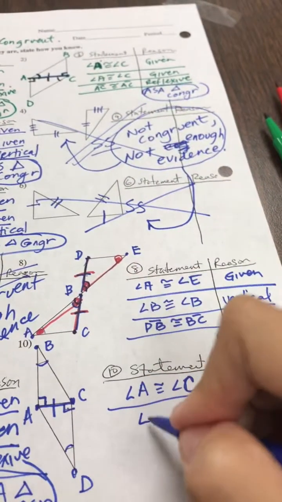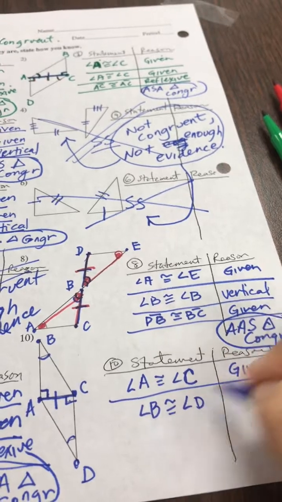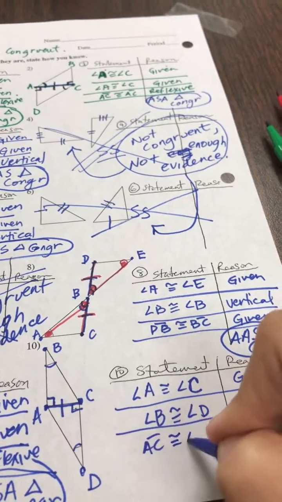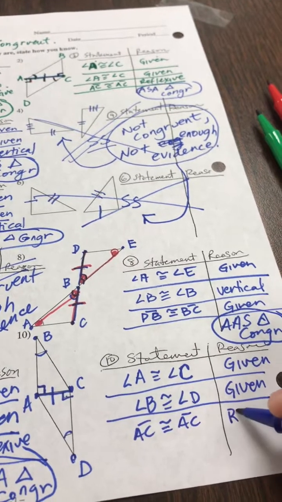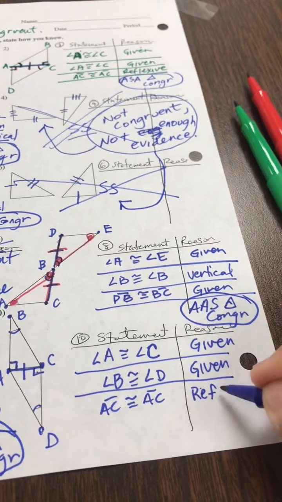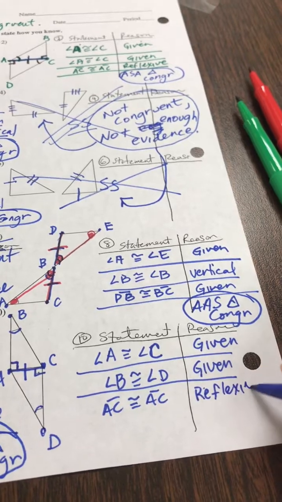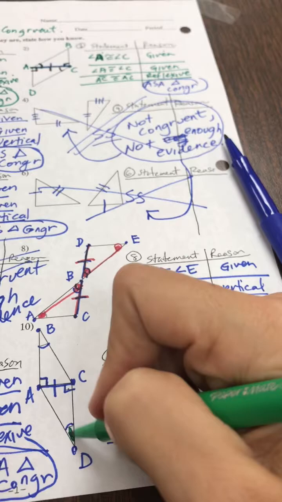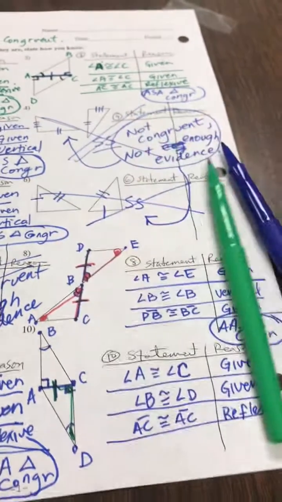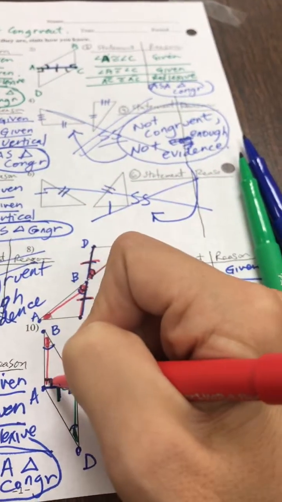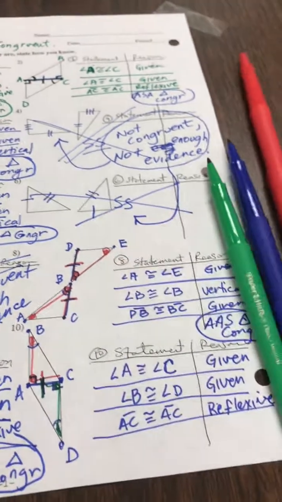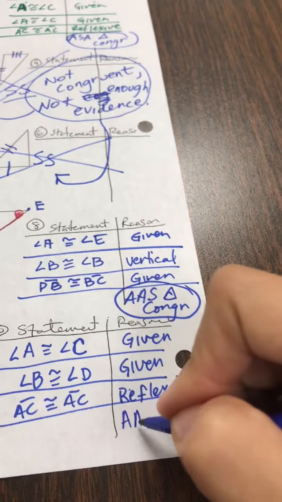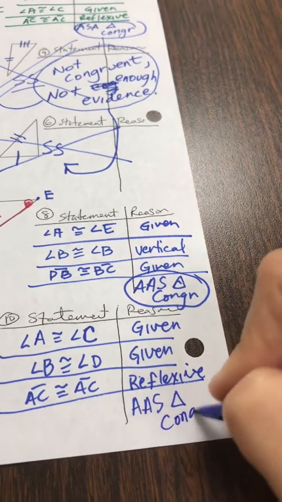Angle B and D match because they put one necklace, given. And side AC literally is the same side AC. That's called reflexive. So our final conclusion as we collect the evidence is angle, angle, side. Let's see if it's the same over here. Angle, angle, side. Yep. So our final conclusion, final question: angle, angle, side, triangle congruence.